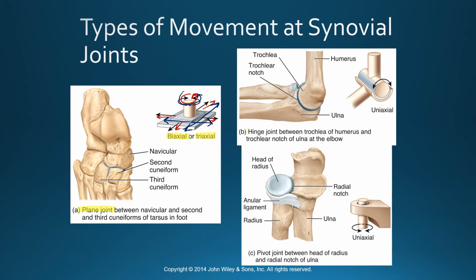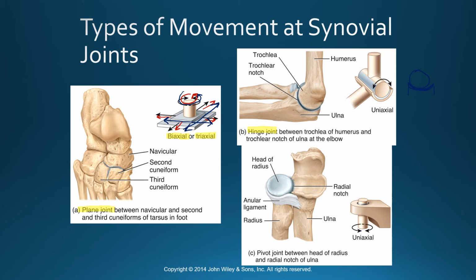Next, the hinge joint. This is a convex surface of one bone. Convex is going to be kind of round. And this fits into the concave surface of another. The concave is going to be like a cave.